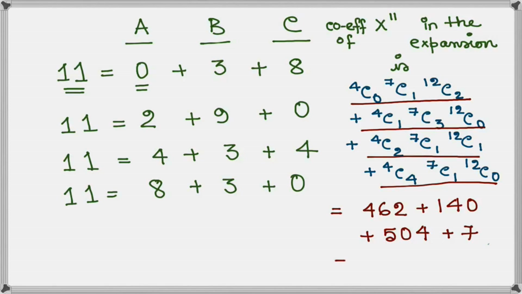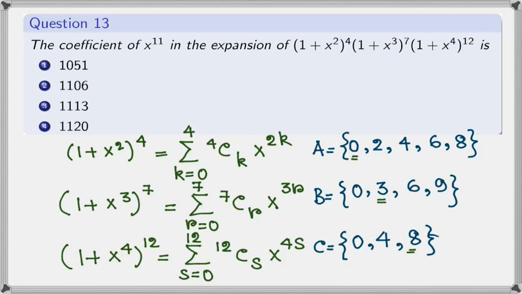So summing all these 4 integers, we get 1113. Therefore, the coefficient of x^11 in the given expansion is 1113, and so the third option is the correct answer.